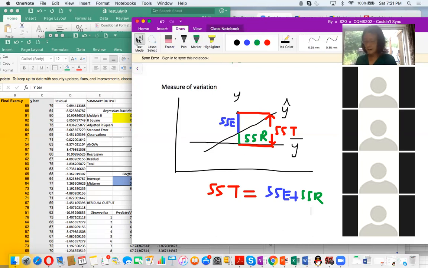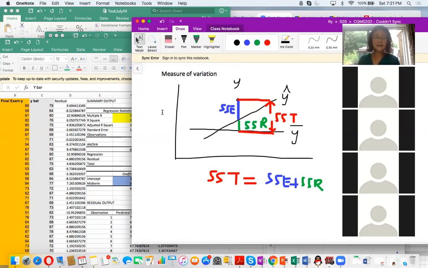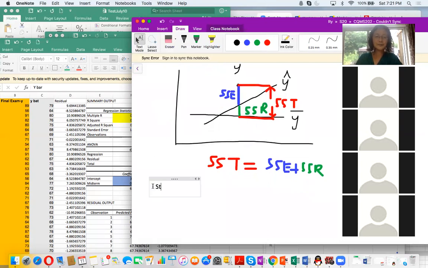The other terminology is the standard error of estimate. Our textbook uses capital S with subscript YX.